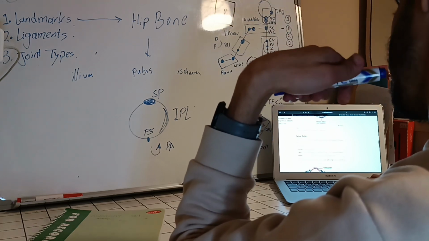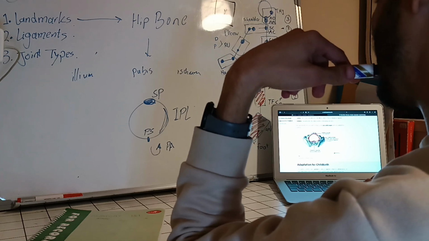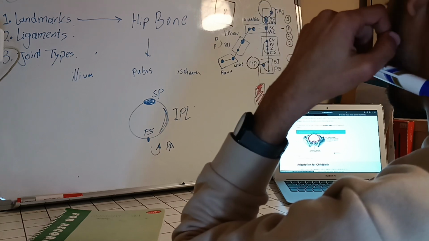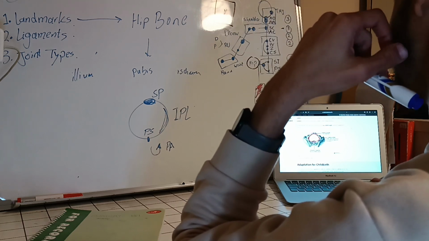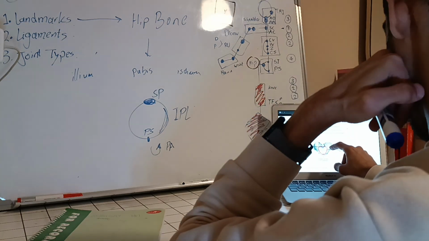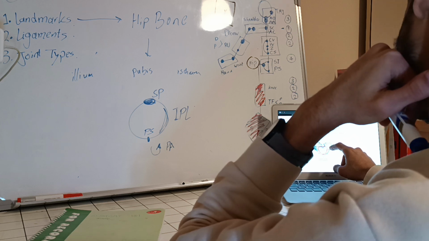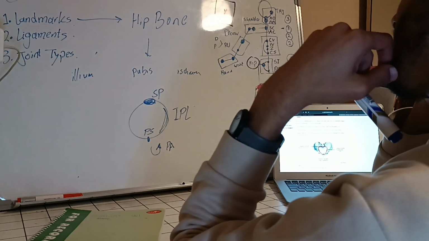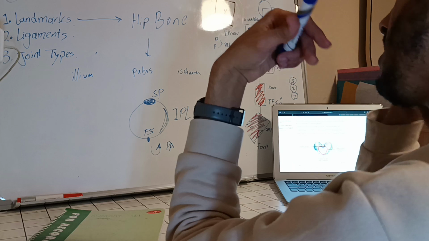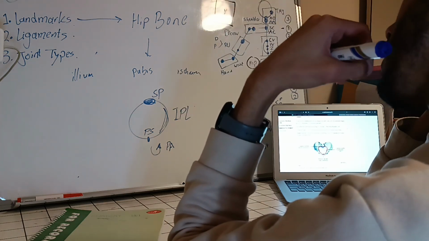The outlet will have the pubic arch. So the inlet contains the sacral promontory on the posterior border, the pubic symphysis on the anterior border, and the iliopectineal line on the lateral border.